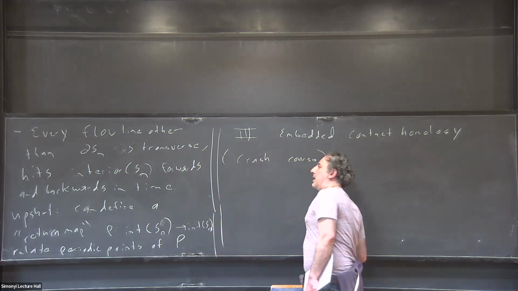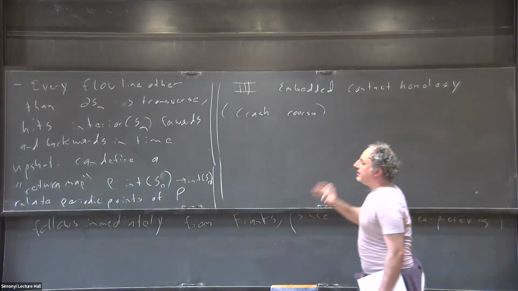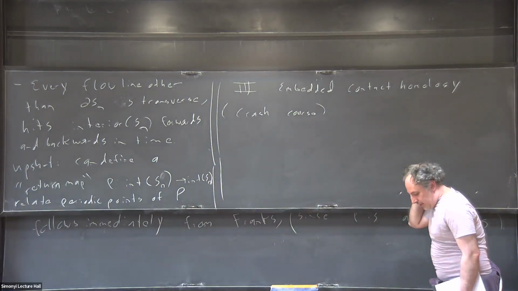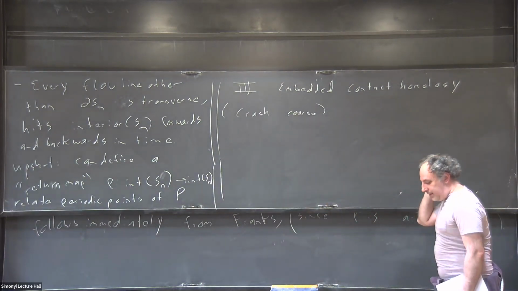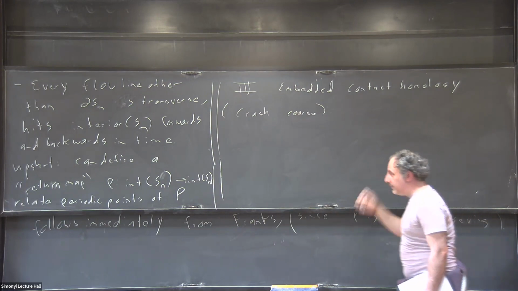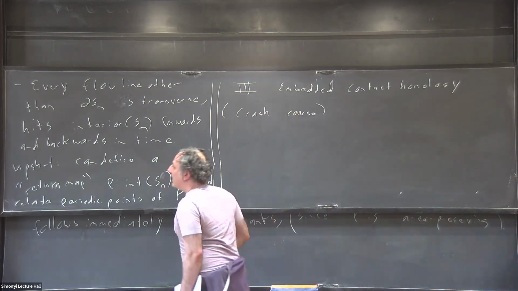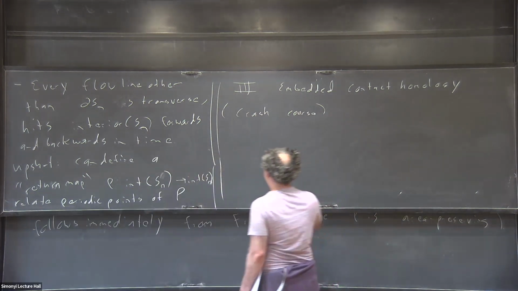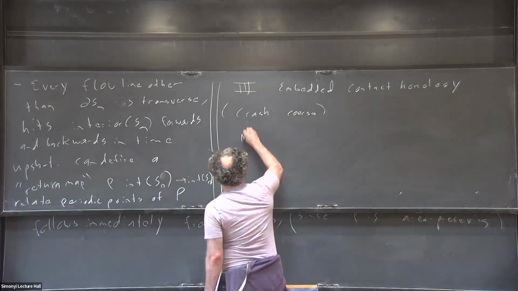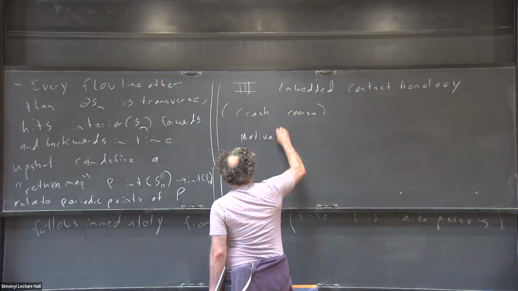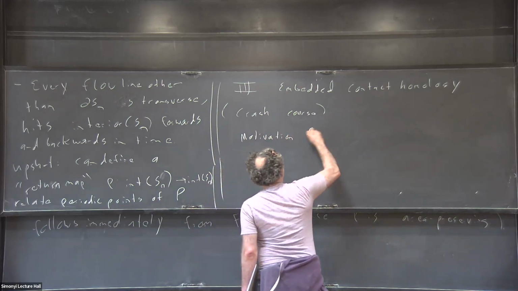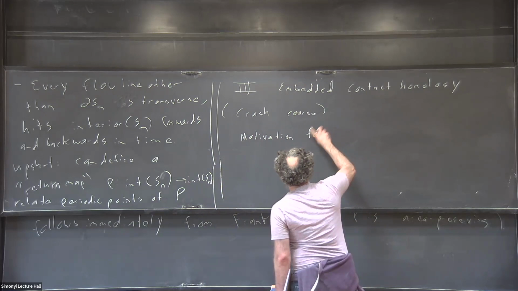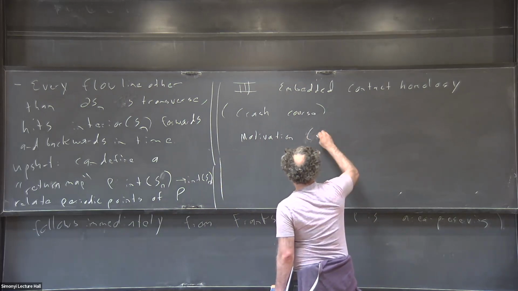Before I get into the details of embedded contact homology, I want to explain a little bit about how it fits into the proof. Here's the motivation for the proof, the motivation in the context of the proof.